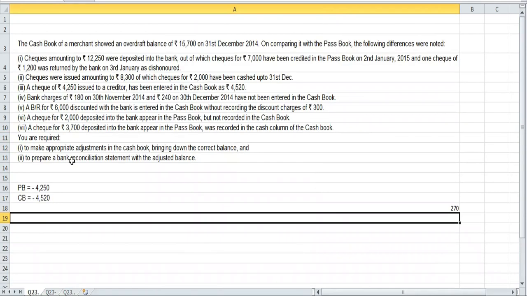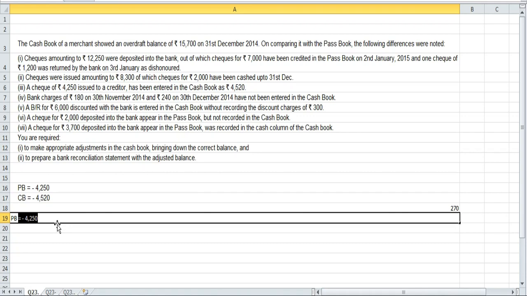Okay, next is number 5. Okay, a BR of 6,000 discounted with the bank is entered in cash book without recording discount charges 300. Okay, there was a bills receivable, and the bills receivable, the amount was for 6,000.